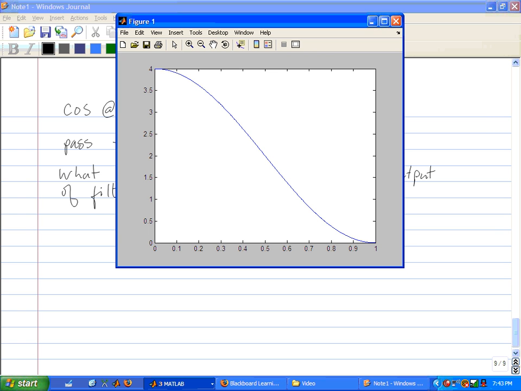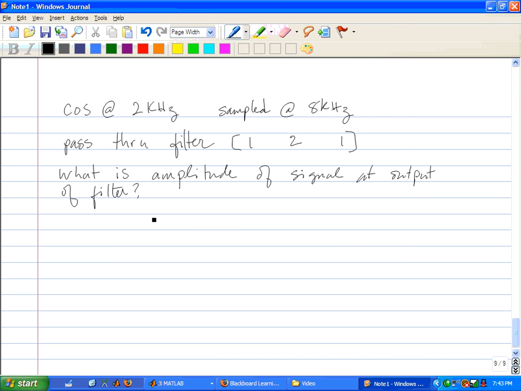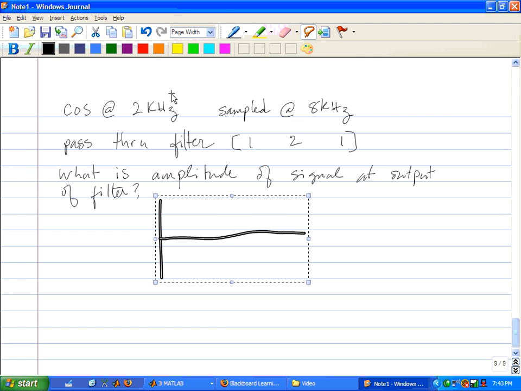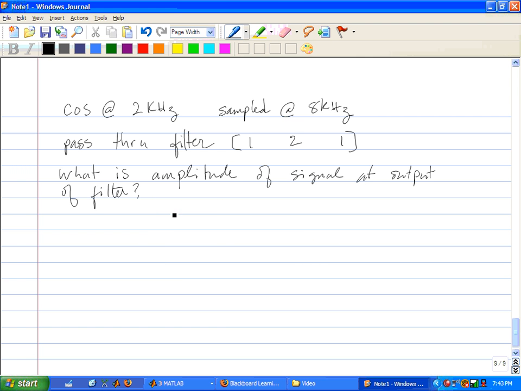What is the amplitude of the input? It's a cosine, right? So, in other words, okay, let's pretend that was a line. Let's try that again. Okay, not much better.